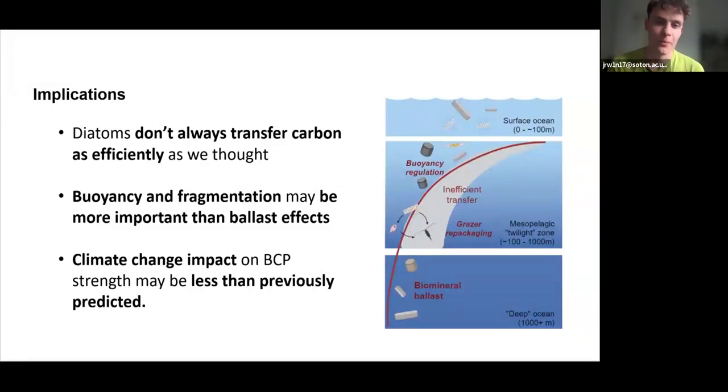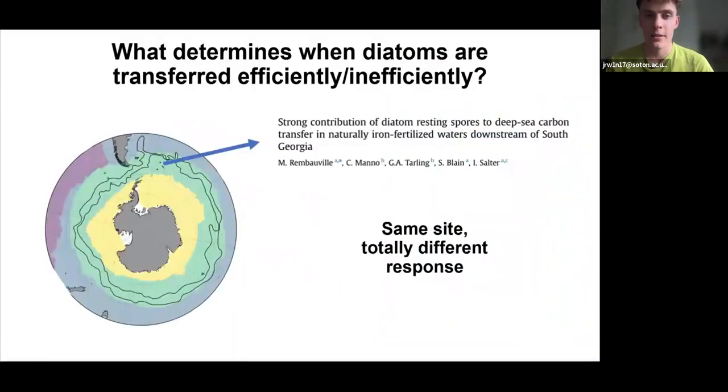So we're not saying diatoms are never transferred to depth efficiently, or we should do away with ballasting altogether. But if this is happening at a different time of year to when much of the carbon is transferred, then that still has big implications for the mechanistic understanding of what drives the biological carbon pump. So the question that throws up to me is, what determines when diatoms are transferred efficiently and inefficiently?